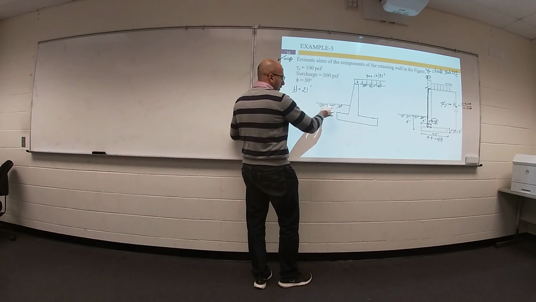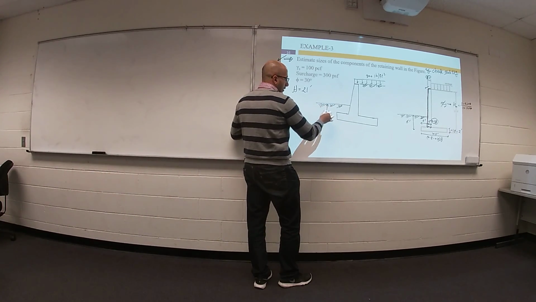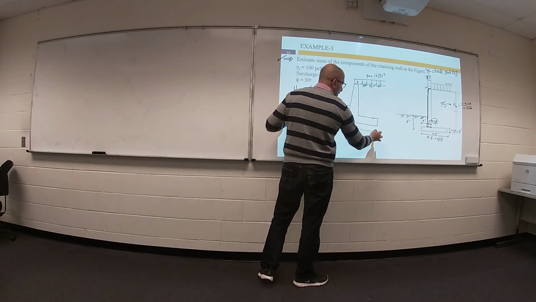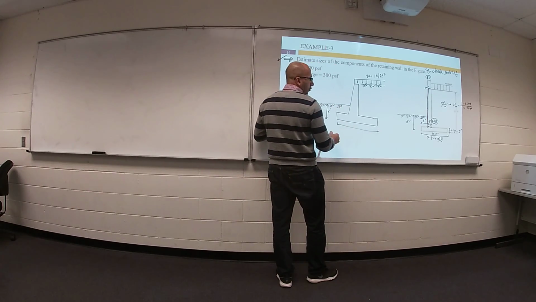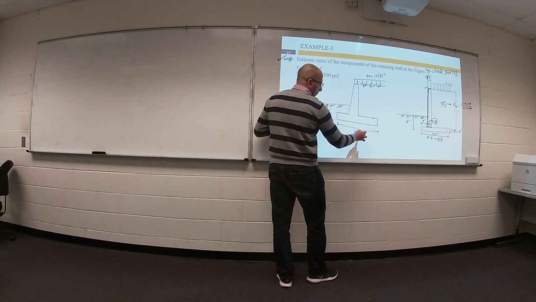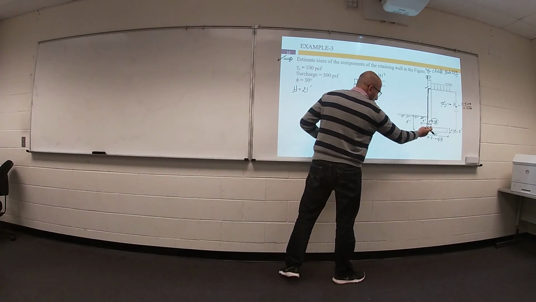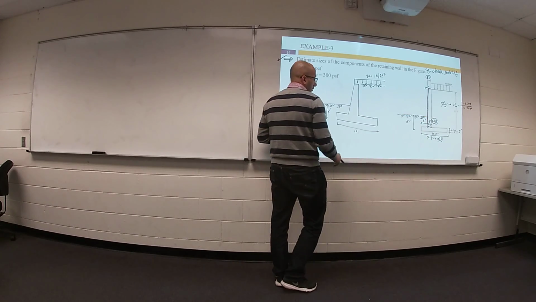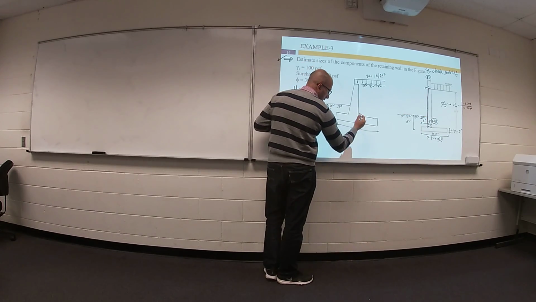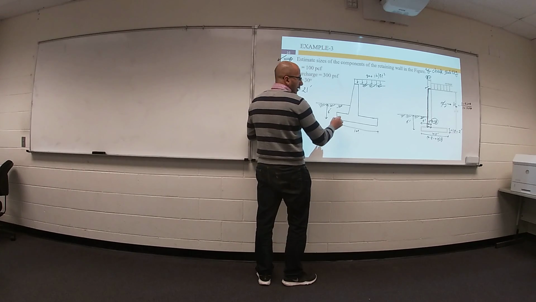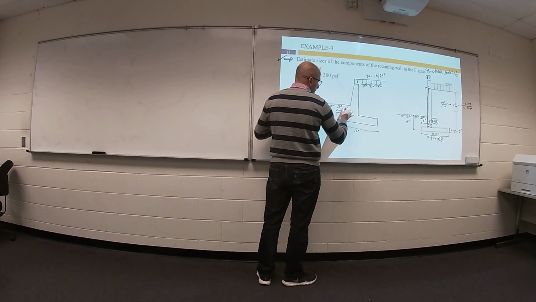So this dimension is 6 feet. This dimension total 10.5. You can assume it 10. That's fine. Not exactly 0.5 to 0.6, but something around. So it's okay. Let's start 10 feet, and this distance 2 feet.